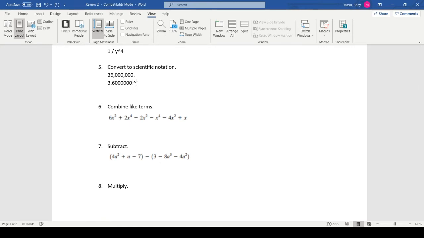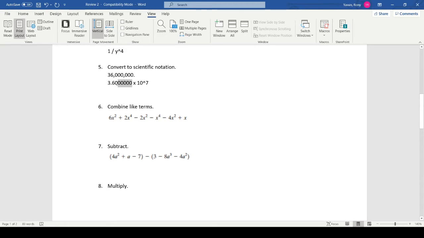So now we do times 10 to the power of 7 to show that we moved the decimal point over 7 places. So now we've converted this big number, 36 million, to 3.6 times 10 to the 7th.